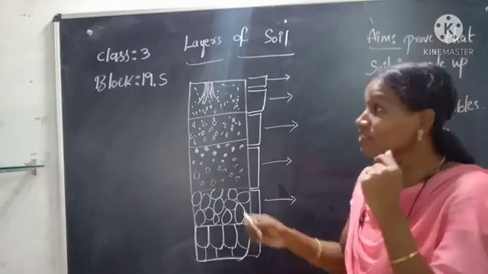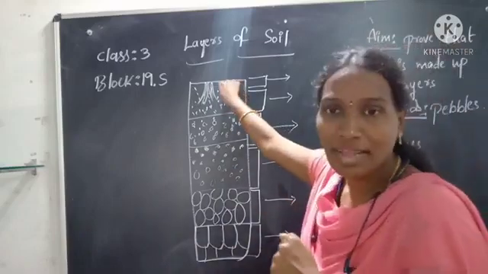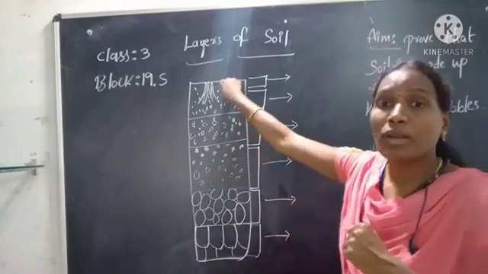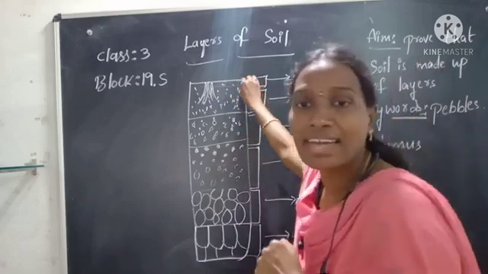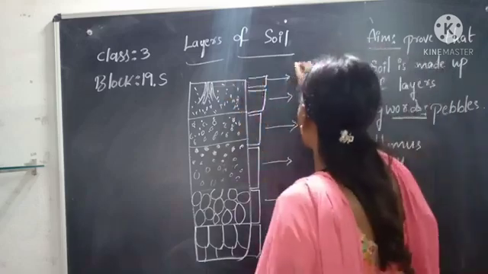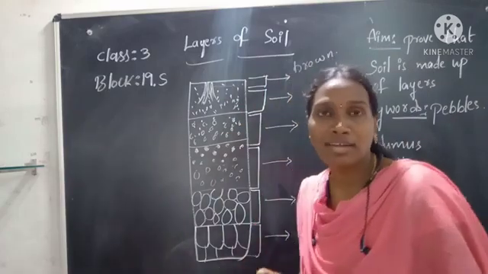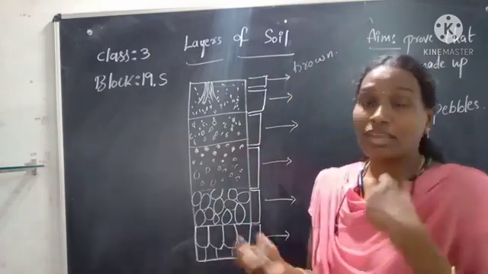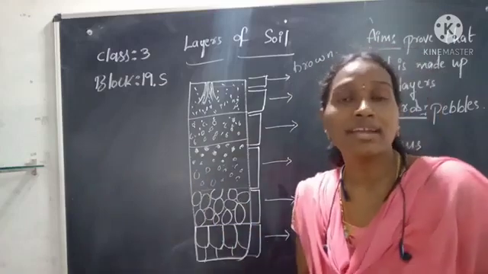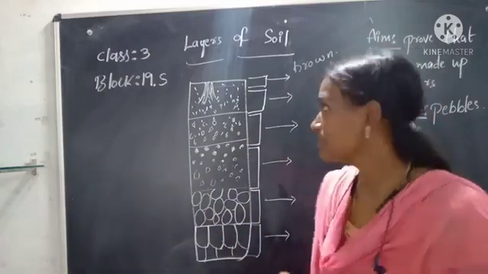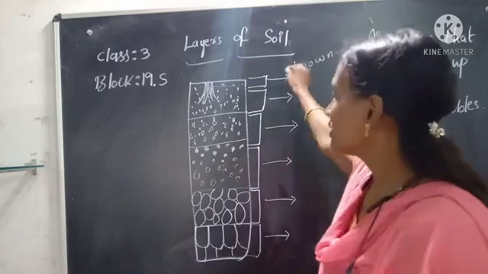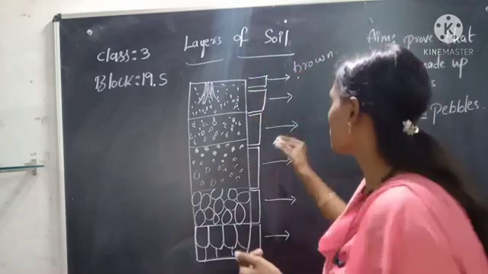First, you can see this is the top layer. The top layer is very light and brown in color. It is made with light particles, and most of the top layer contains humus.